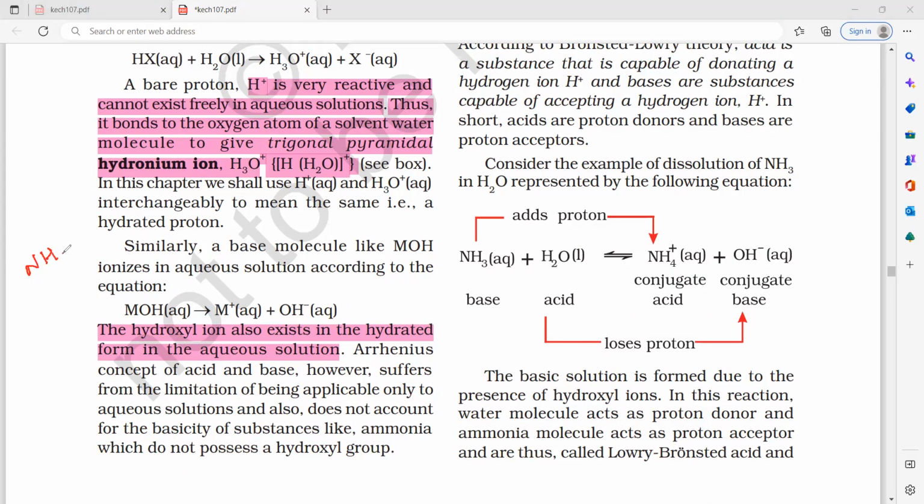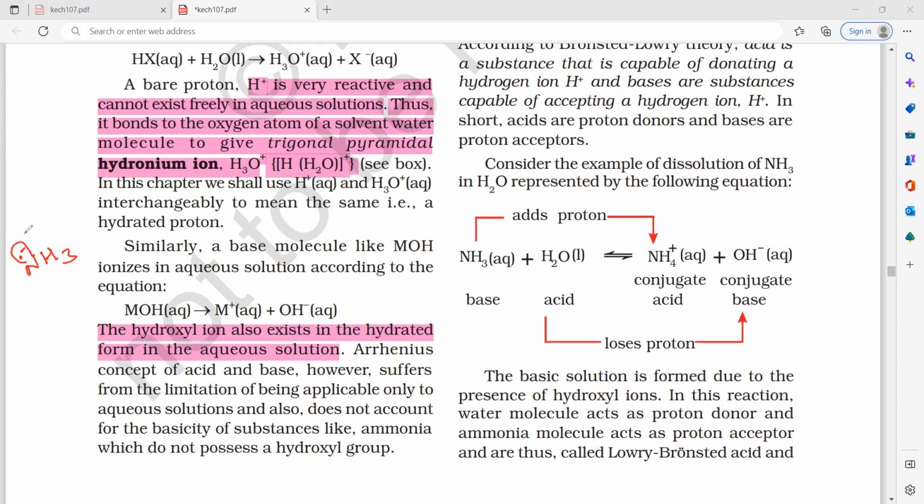If you see this, you are not able to tell whether it is an acid or a base. So the Arrhenius concept fails here, as NH3 does not possess an OH negative group, a hydroxyl group. But this is a base. Ammonia is a base. That's why the Arrhenius concept has some limitations.